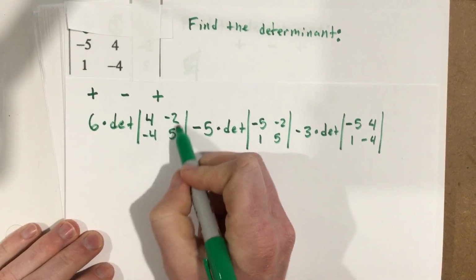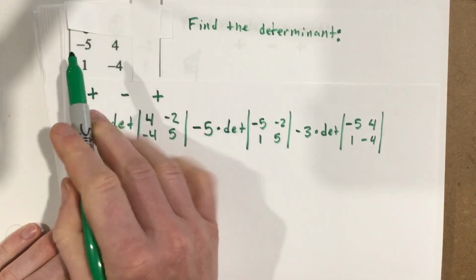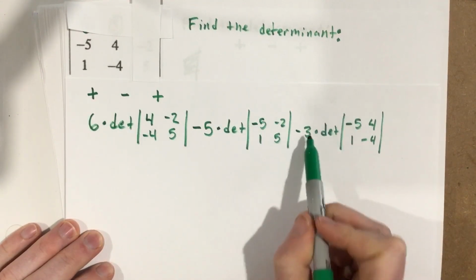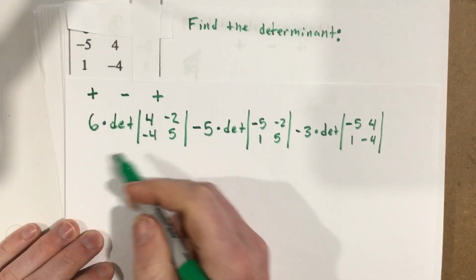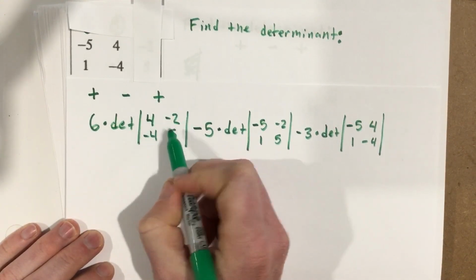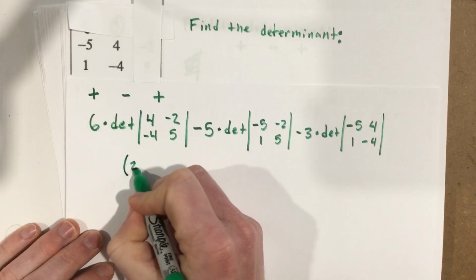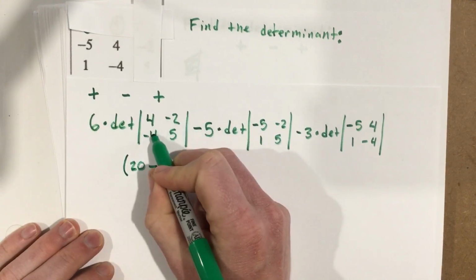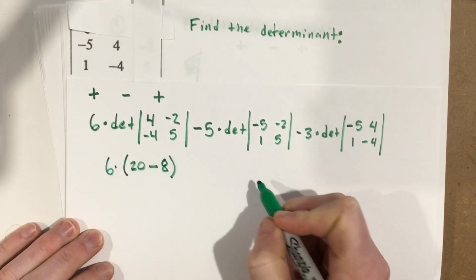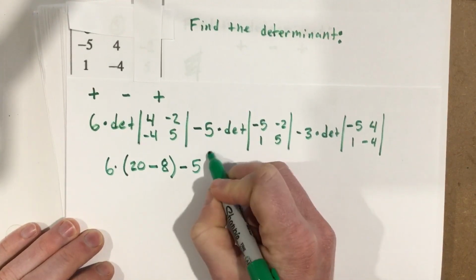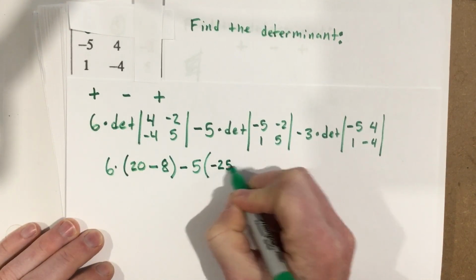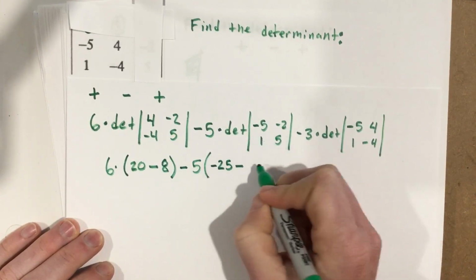We start by finding the determinant of these smaller matrices. So this 3 by 3 has been broken down into these 3 determinants with the multiplications for the top row. We're going to find the determinant of the first 2 by 2 by taking 4 times 5, which is 20, and we're going to subtract out -2 times -4, which is 8. And we've got to make sure we multiply that times 6. Then subtract 5 times: -5 times 5, which is -25, minus -2 times 1, which is -2.